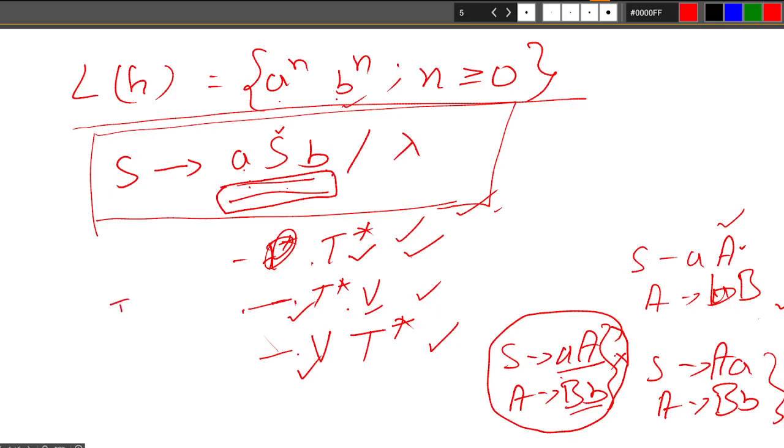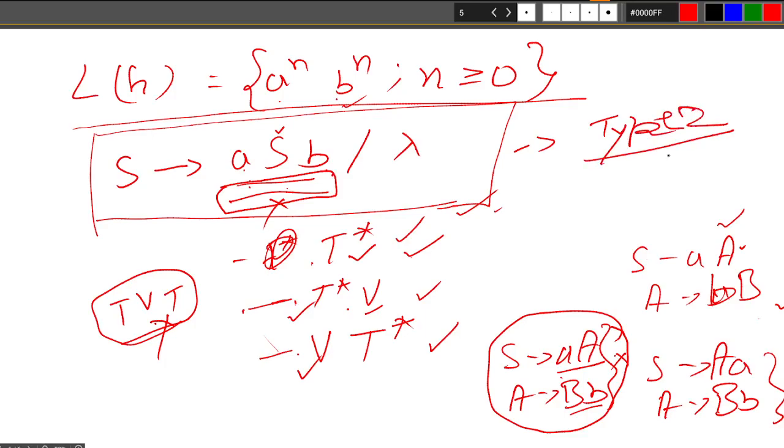So it is something like T, V and then again T. This can never be allowed in regular grammar, type 3 grammar. So this is not a type 3 grammar. However, it has satisfied all the rules of type 2 grammar. So the highest possible type is type 2 grammar.